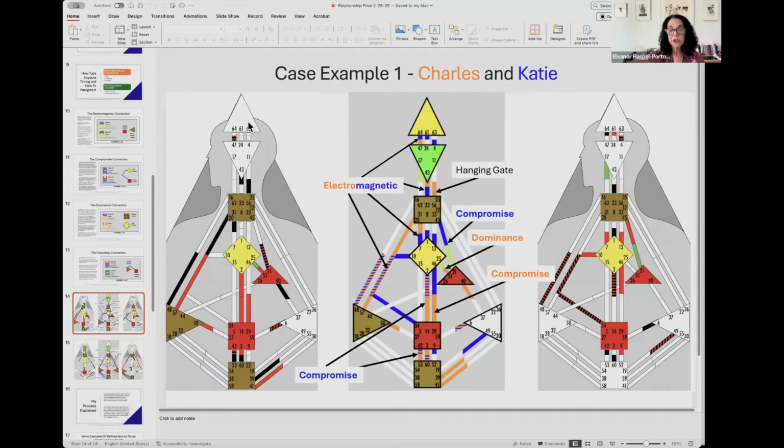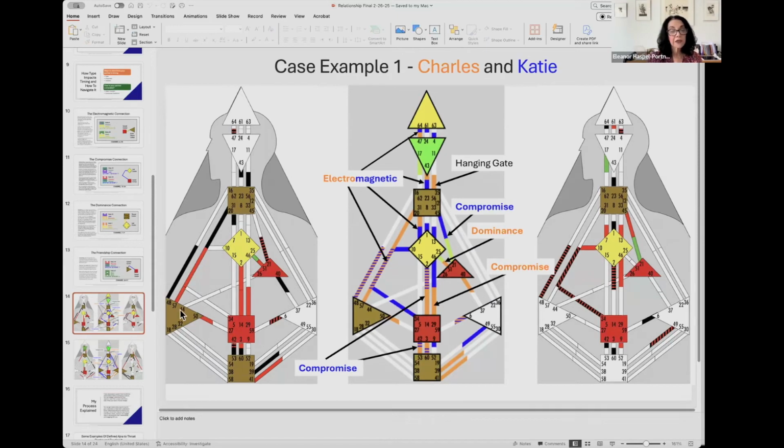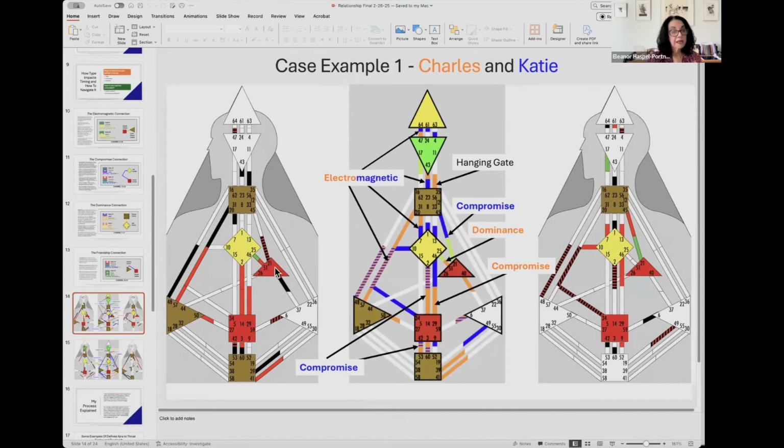So looking at Charles's chart, he has some strong root gates and then the 2-14, and he also has the 29. He also has the 57-20. And he has the 51-25.